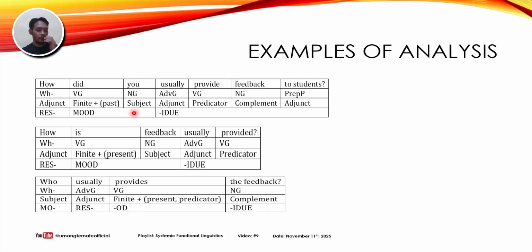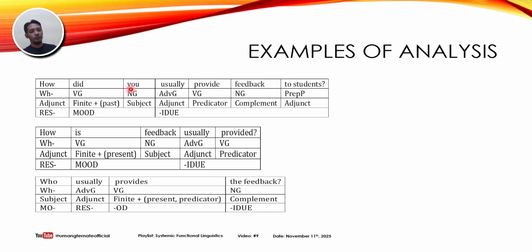Okay, I think these are the last three examples. How did you usually provide feedback to students? Okay, this is obviously a question, but as you can see here, the WH question word how functions as an adjunct, and because it is an adjunct, it is part of the residue.